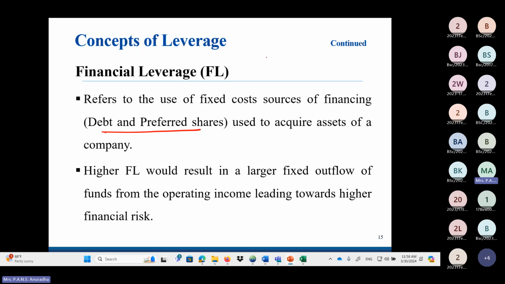Suppose now here, say two capital structures, right? I am drawing two companies, A and B. Say capital structure, 40% debt, 60% equity. Here, 60% debt, 40% equity. Which company's financial leverage is high, A or B?